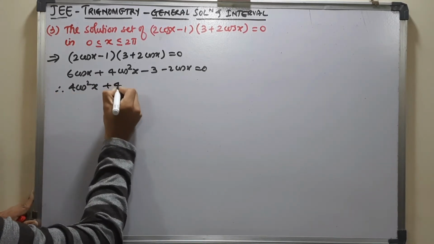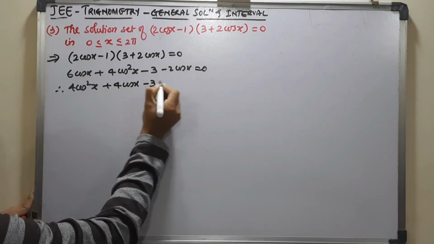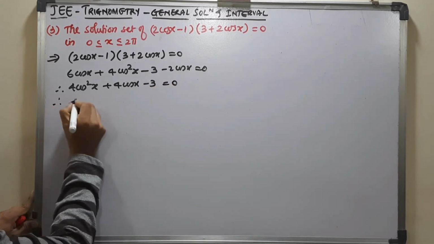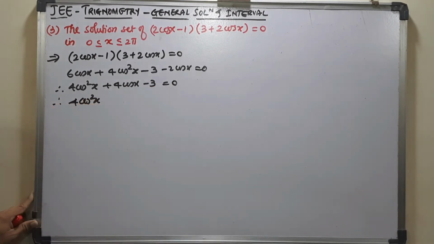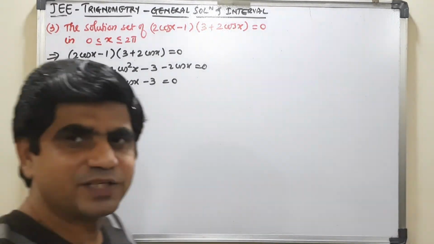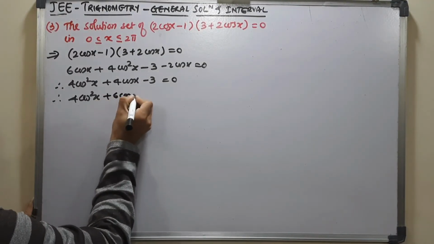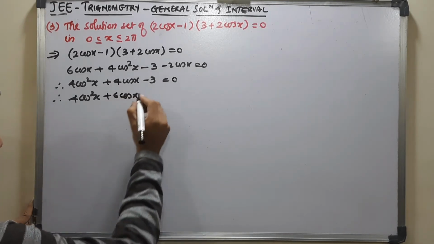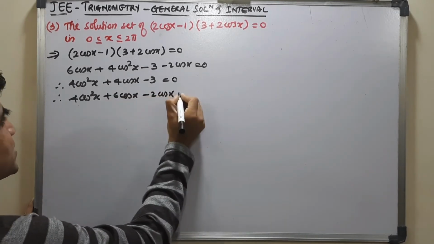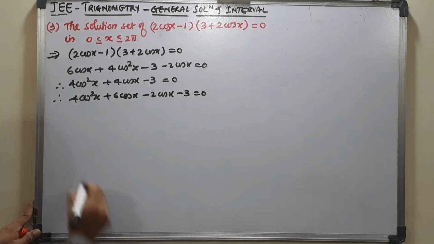which becomes 4 cos square x plus 4 cos x minus 3 is equal to 0, which can very easily be factorized because 4 into 3 is 12, subtraction should be 4, so 6 and 2. So 4 cos square x plus 6 cos x minus 2 cos x minus 3 is equal to 0.